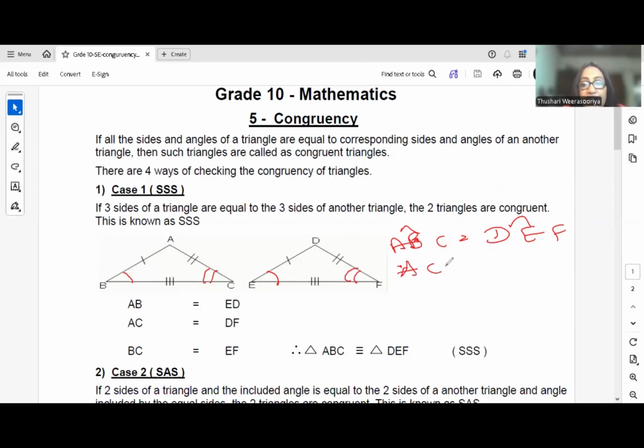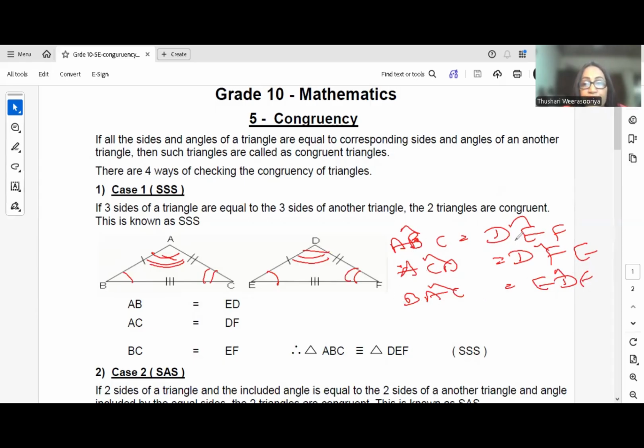That is angle ACB equals angle DFE. The next angle, this is equal to this. I'll draw three lines. That is angle BAC equals angle EDF. Then we can prove that.